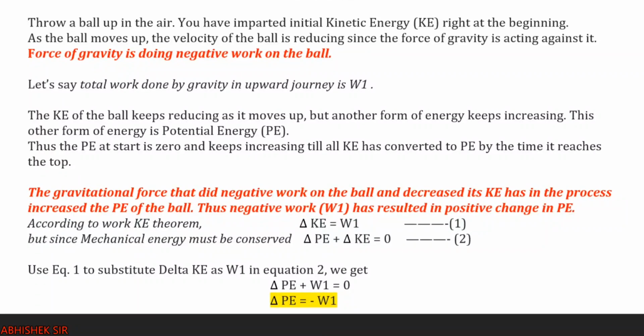It will give that change in potential energy is equal to negative of the work done. Why negative? Because gravitational force did the negative work. So here we have related change in potential energy with work done. Always remember, positive change in potential energy is only due to the negative work done. Okay, so this was the relation between change in potential energy and work done.